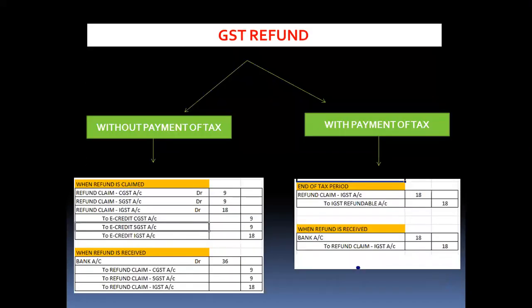Let's move to the accounting entries for GST refund. It is broadly classified into without payment of tax and with payment of tax.